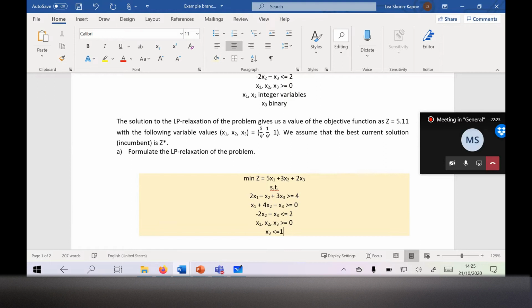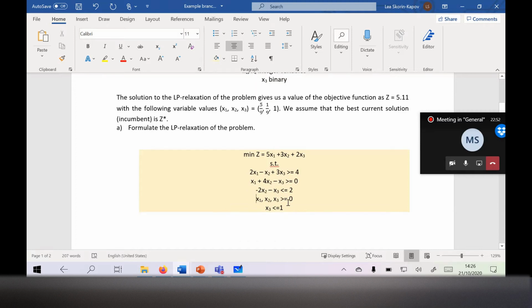Hold on. Okay, so we know it's binary. This is still an LP relaxation, so we removed all integer constraints, but we know that x1, x2, x3 are greater than or equal to 0. We removed the fact that they're integer variables, so we relax that constraint. But since we know that x3 is binary, it can only be 0 or 1. We can also add this constraint that x3 is less than or equal to 1. Okay, is that clear?